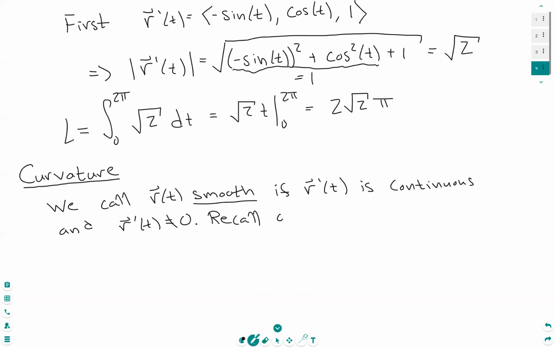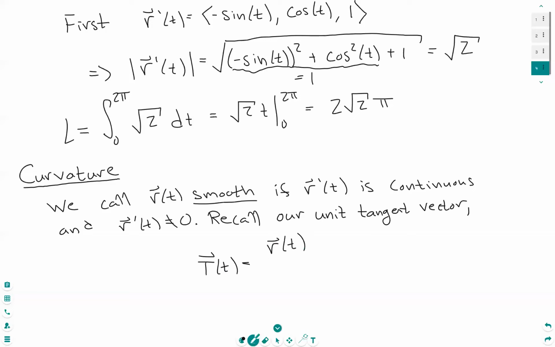Recall our unit tangent vector. So remember this from the last section.